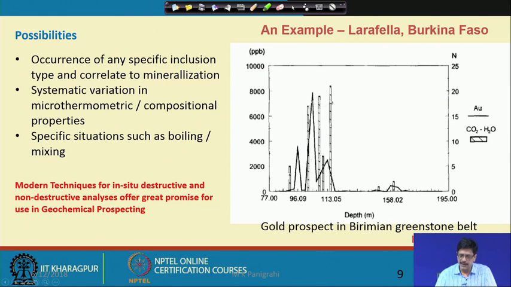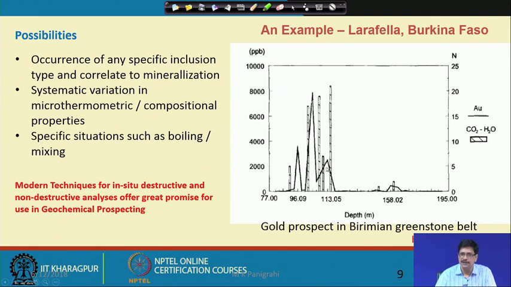These bars represent the abundance of aqueous carbonic inclusions, carbon dioxide water bearing inclusions. What is observed here is that wherever there is a carbon dioxide bearing inclusion, it is immediately preceded by a high concentration of gold.